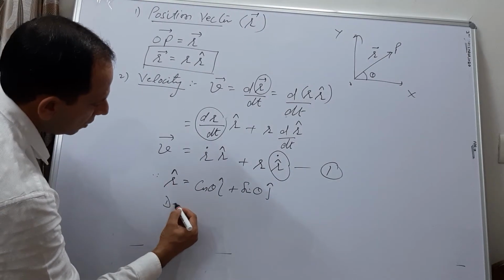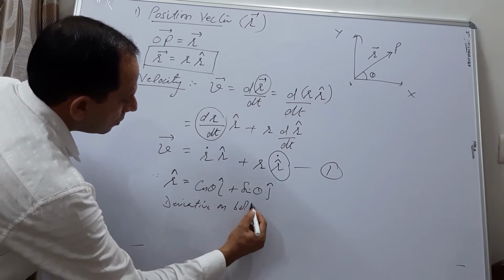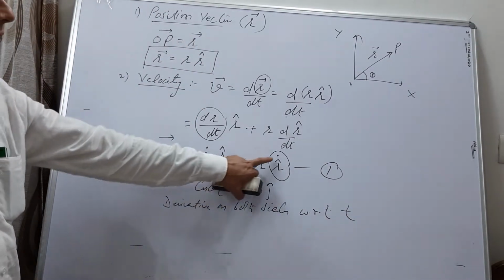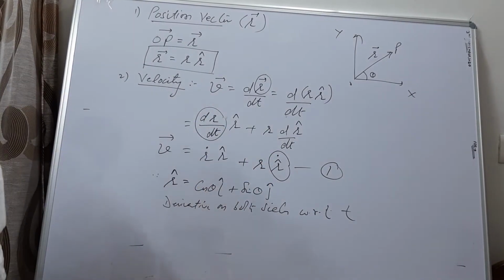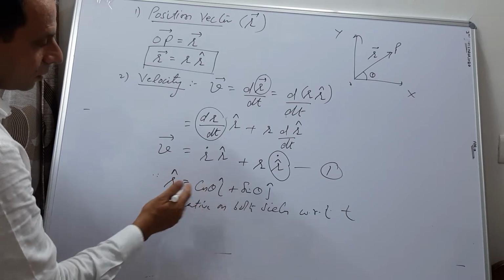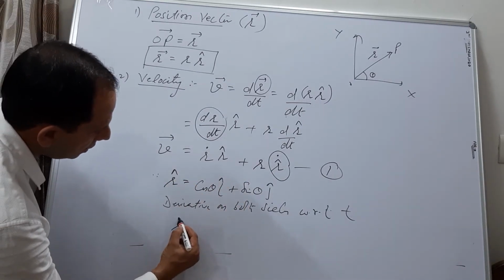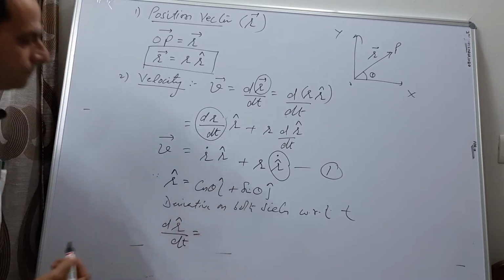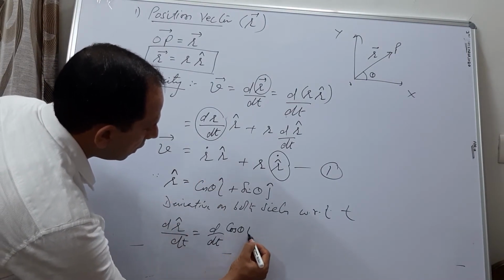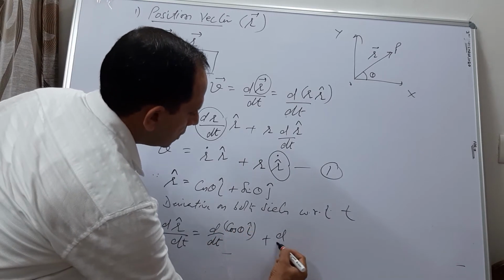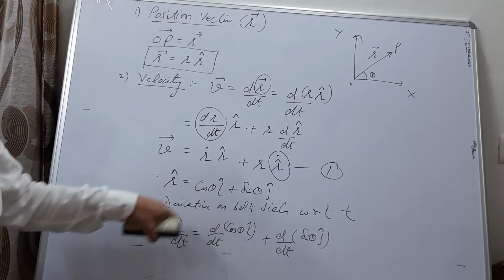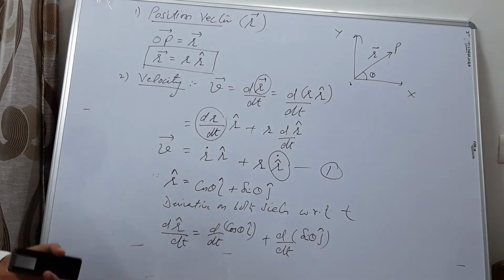So, taking the derivative on both sides with respect to t, because dot means derivative with respect to time t, we will get dr cap upon dt is equal to d by dt of cos theta i cap plus d by dt of sin theta j cap.